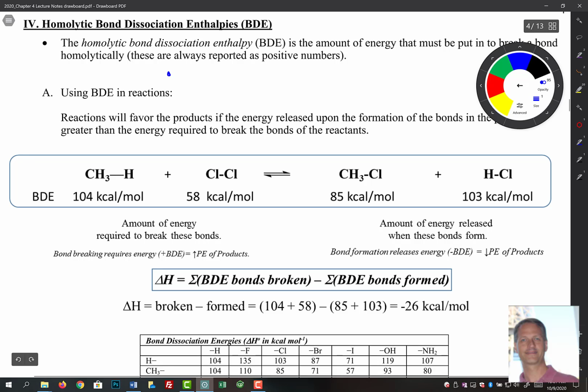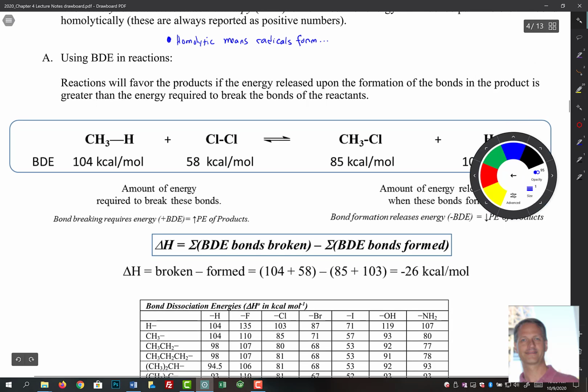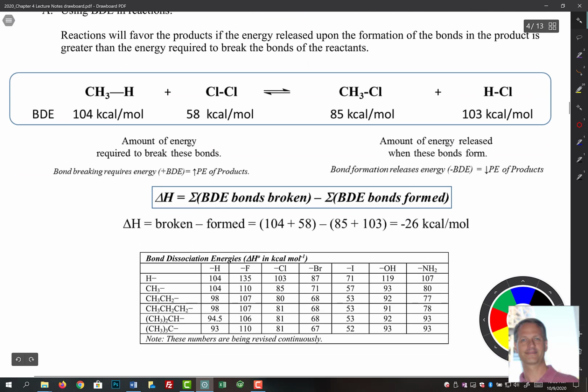Recall from our last section that homolytic means radicals form. When we talk about these numbers, which we're going to see as we go throughout this chapter, we need to look at them in a little bit more detail.